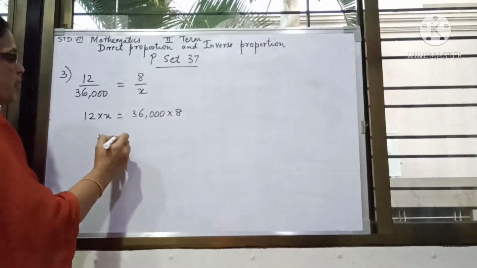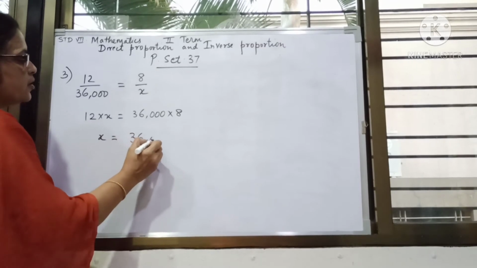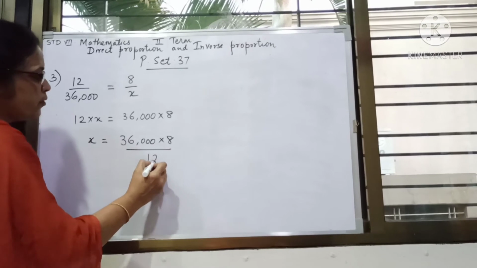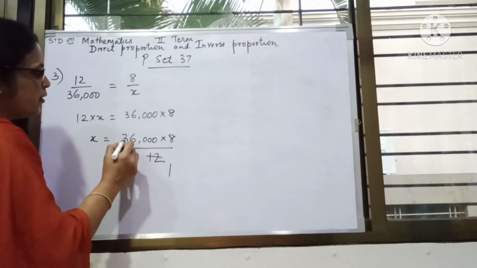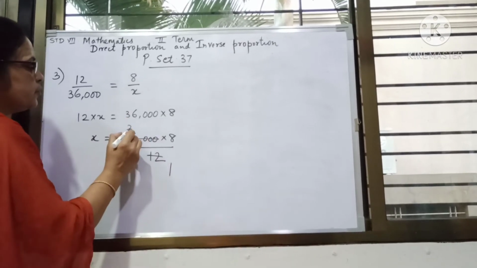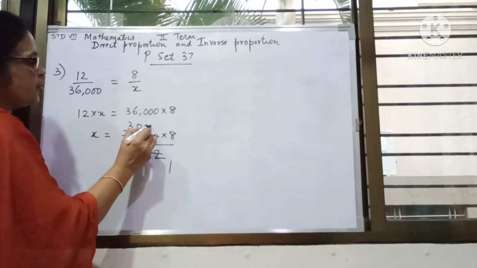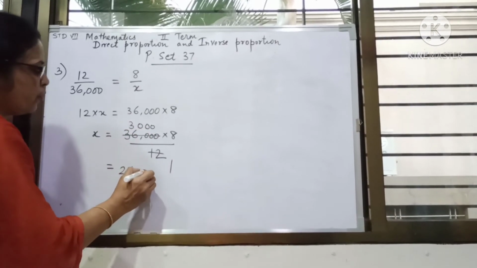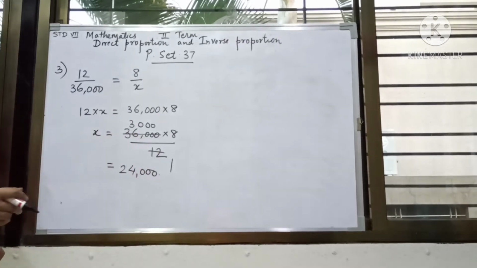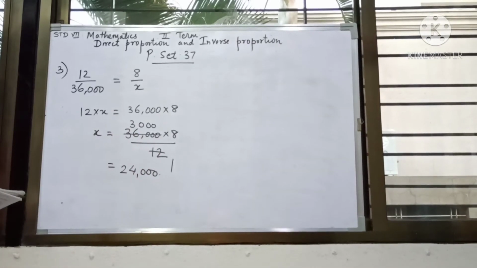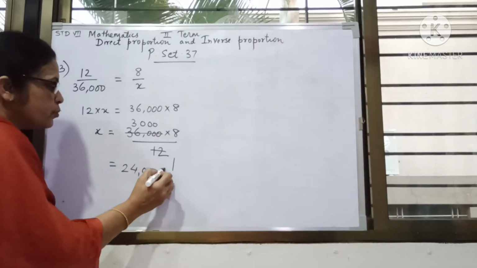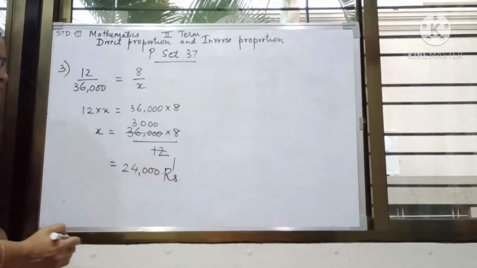So we have x is equal to 3600 multiplied by 8 upon 12. 12 threes are 36 and 2 zeros. So here we have the answer 2400. So 8 quintals of soybean will cost 2400 rupees.